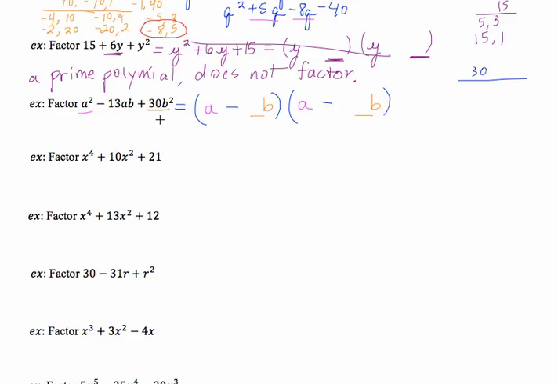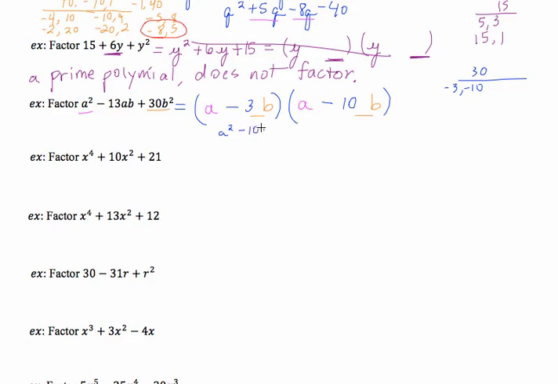All right, so now ways to get 30. We could do -3 and -10. And actually that one works right there because -3 plus -10 is -13. So let's try a 3 and a 10. Let's check. If you FOIL, you get a times a is a squared. Your outside terms are a times -10b.